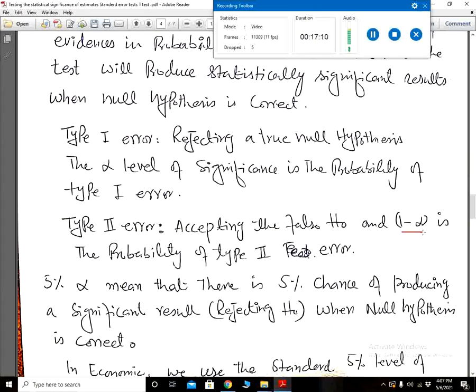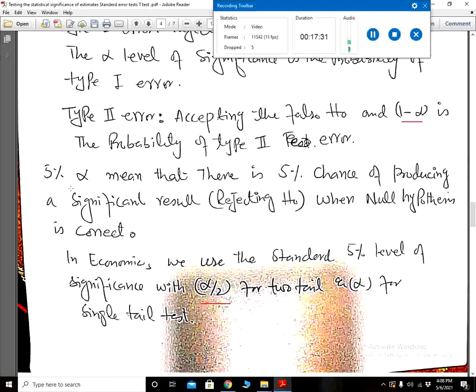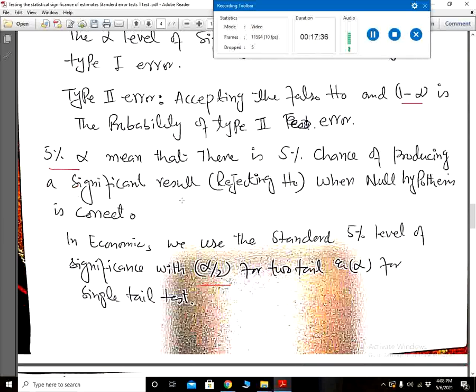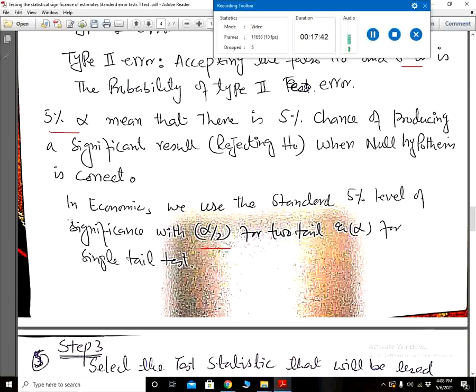It means that if H naught is to be rejected, that is H naught is not true, and we accept the H naught, that is termed as type 2 error, and the probability of type 2 error is 1 minus alpha. 5% level of significance means that there is a 5% chance of producing a significant result rejecting H naught when the null hypothesis is correct.